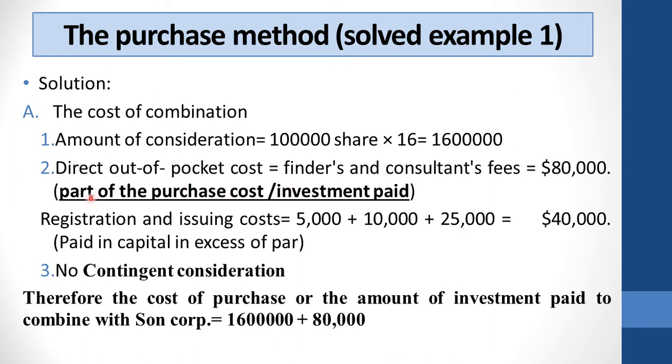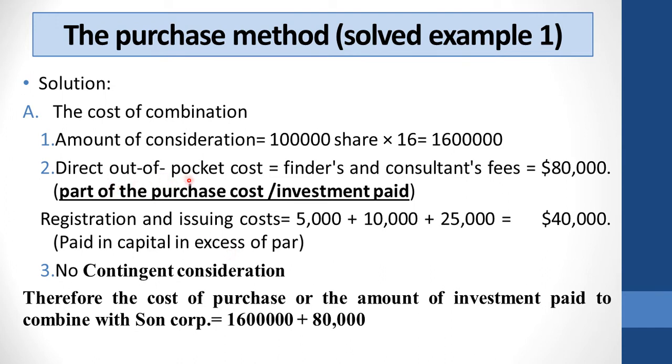Okay, but registration and issuing costs like 5,000, 10,000, 20,000 and 25,000, the total will be 40,000. These are called paid in capital in excess of par. So all out-of-pocket costs will be split into direct out-of-pocket costs and paid in capital in excess of par.